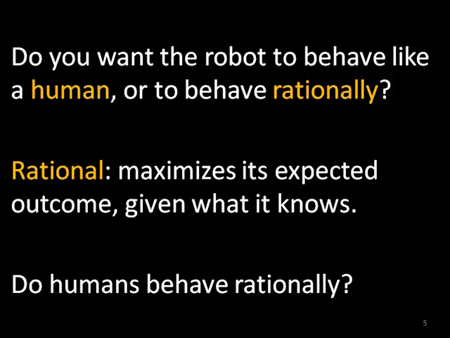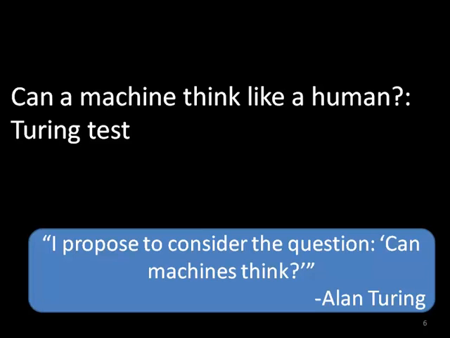Some researchers are trying to come up with artificial intelligence that causes agents to behave as much like humans as possible. Other artificial intelligence researchers are trying to get the agent to always behave rationally. Let's look briefly at each of these problems.